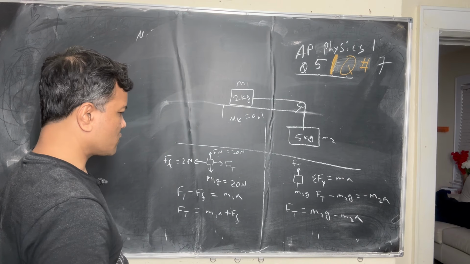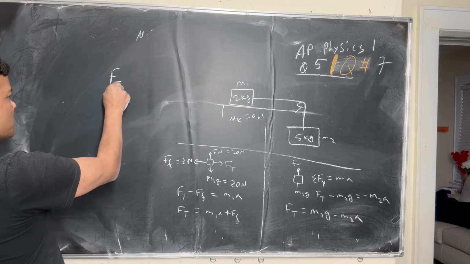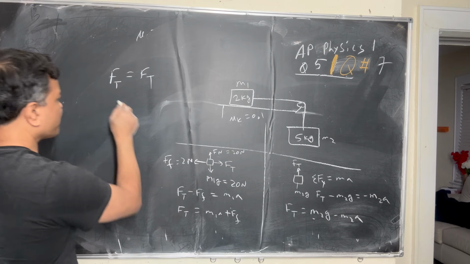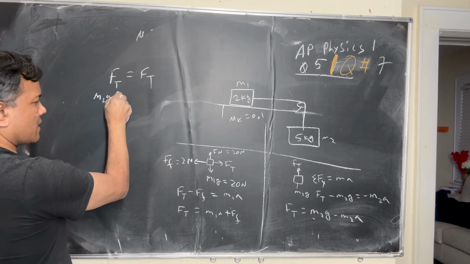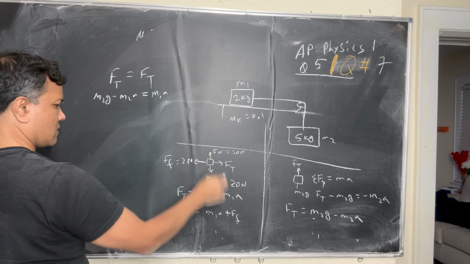Okay, so if we do Ft is equal to Ft, what do we get? M2g minus M2a is equal to M1a plus Ff.